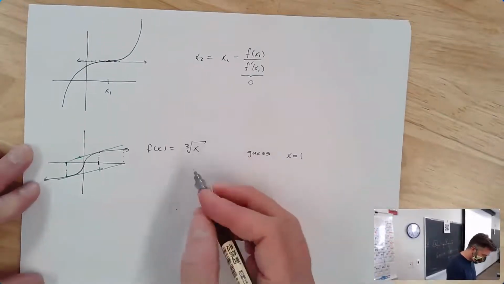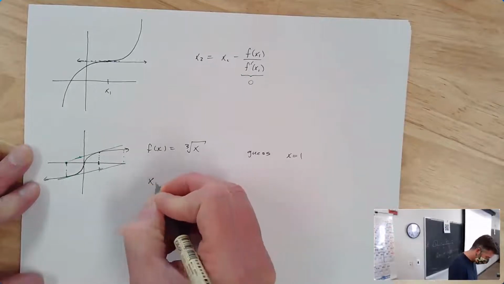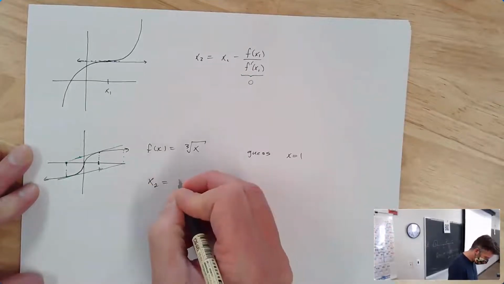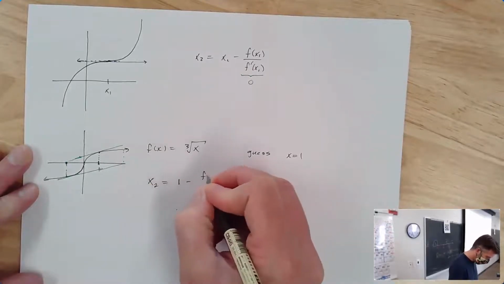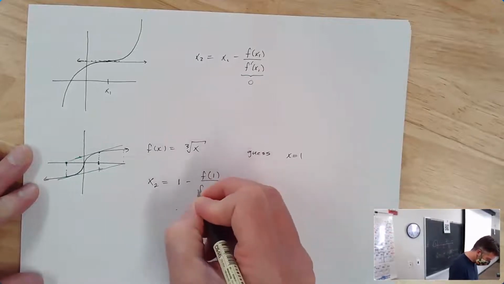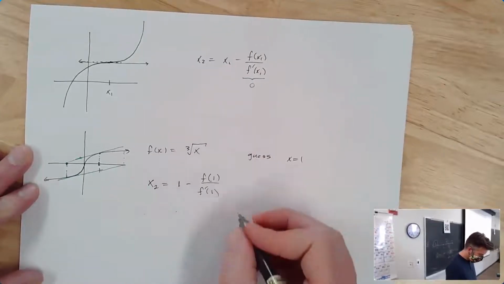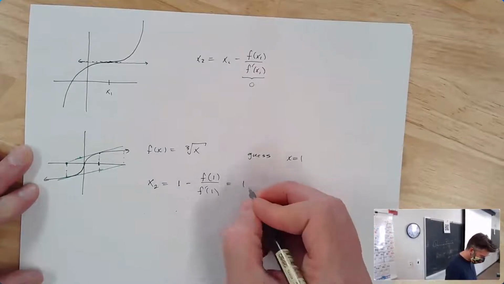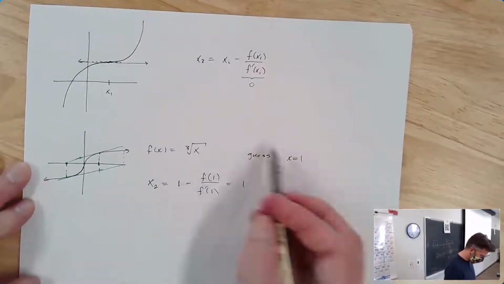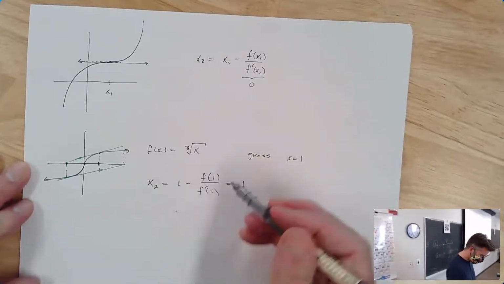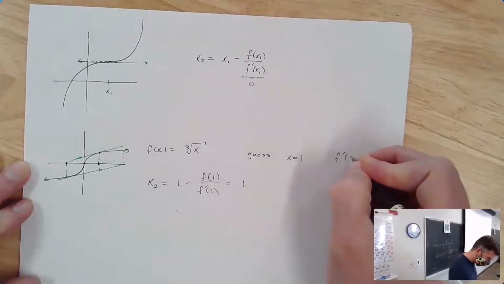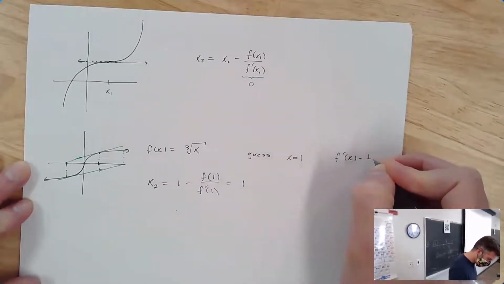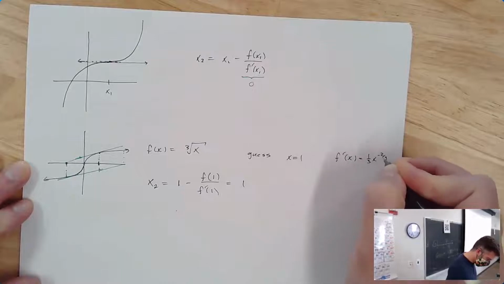If we actually use the formula, x2 is going to be x1 minus f of x1 over f prime of x1. I should write what f prime of x is though. f prime of x is 1/3 x to the negative 2/3.